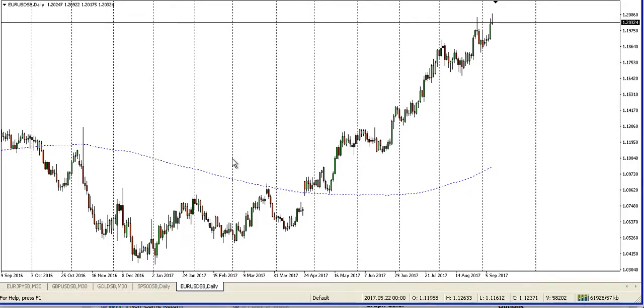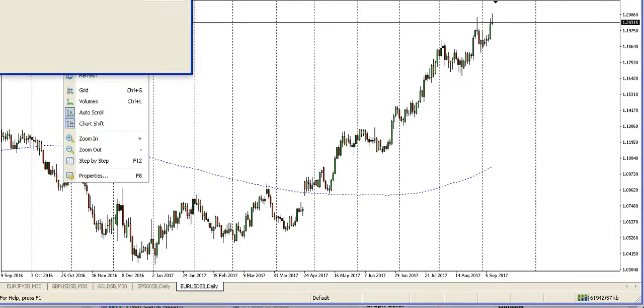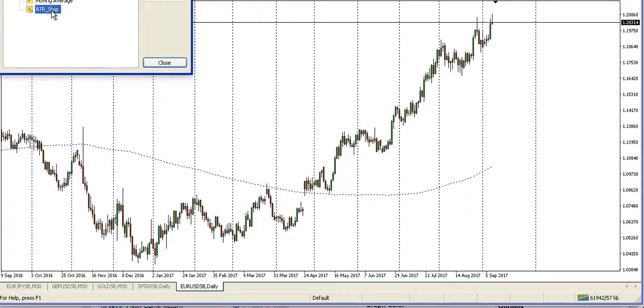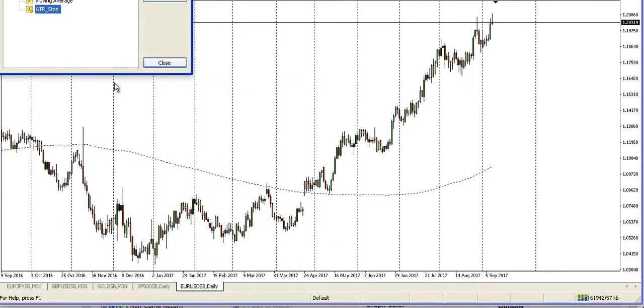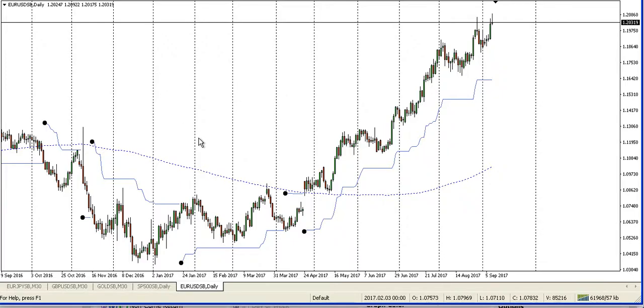So I wanted to have a look at that, and luckily a lot of people have considered this, and there are some decent ATR stop indicators out there. So I just grabbed one of those and stuck it on, and this one is a 4-period ATR stop, 4 times ATR stop.